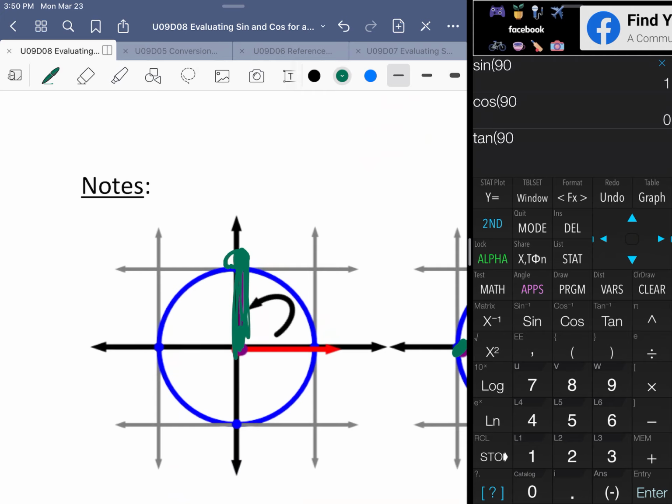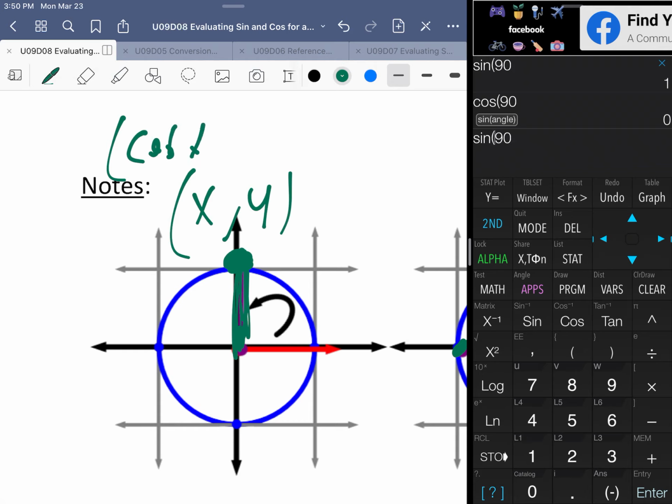As we said before, the coordinate where the terminal ray intersects the unit circle is x, y, which is also cosine of theta and sine of theta. Our angle in this case is 90 degrees, so theta is 90. The x value here is 0, and the y value is 1.